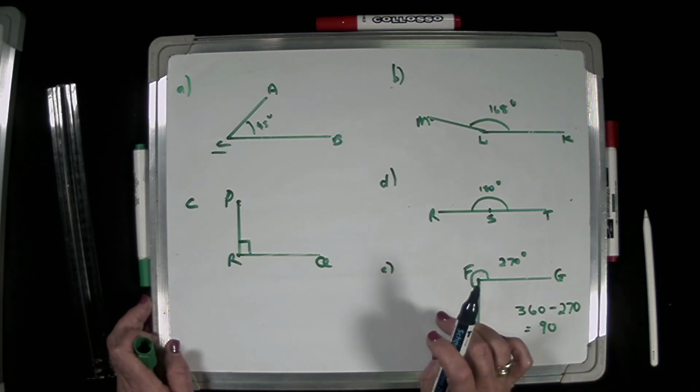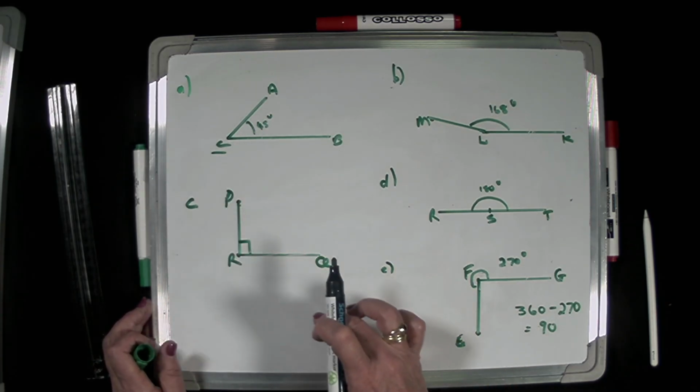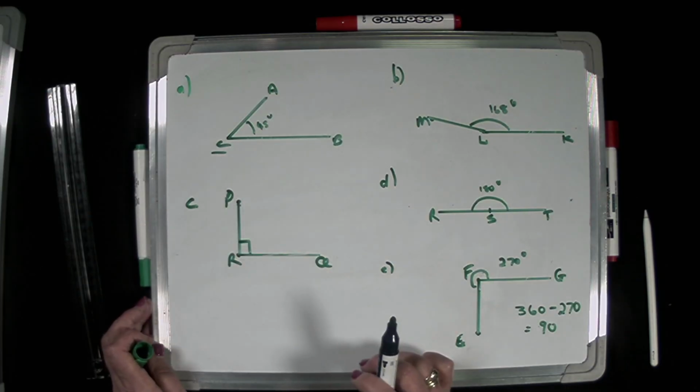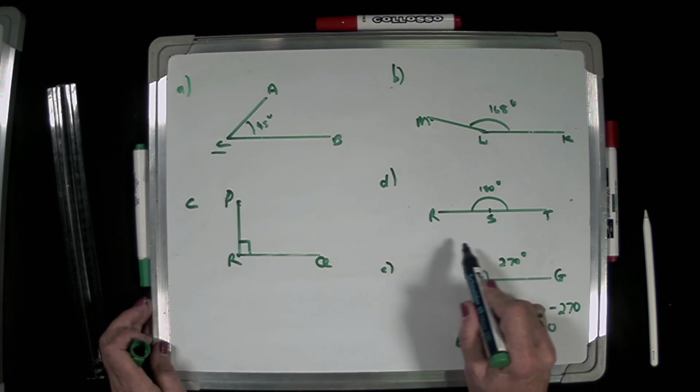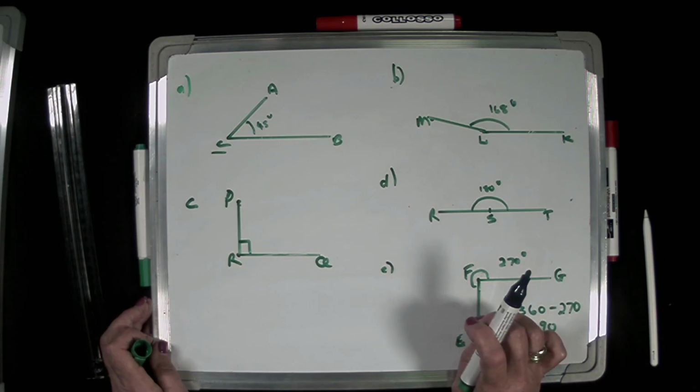Okay, then B, MLK. So there's our 168 degrees, and L is where our angle is. C, that's easy. I hope you've all noticed that's a right angle. Remember, we indicate it like that. Then RST is a straight angle. We're going to indicate it like that.